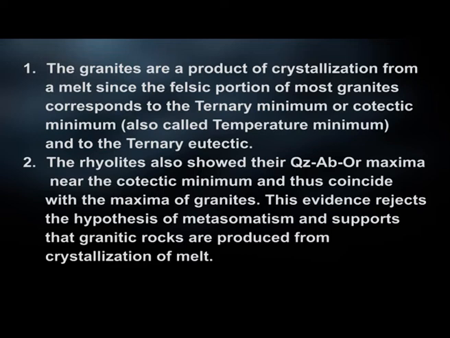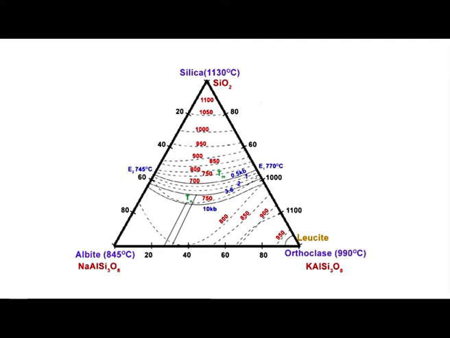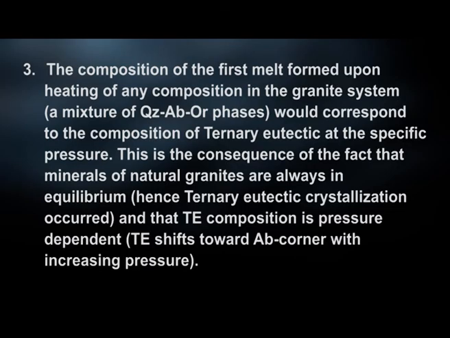Second, the rhyolites also showed their quartz orthoclase albite maximum near the cotectic minimum and thus coincide with the maxima of the granites. These evidences reject the hypothesis of metasomatism and support that the granite rocks are produced from crystallization of melt.